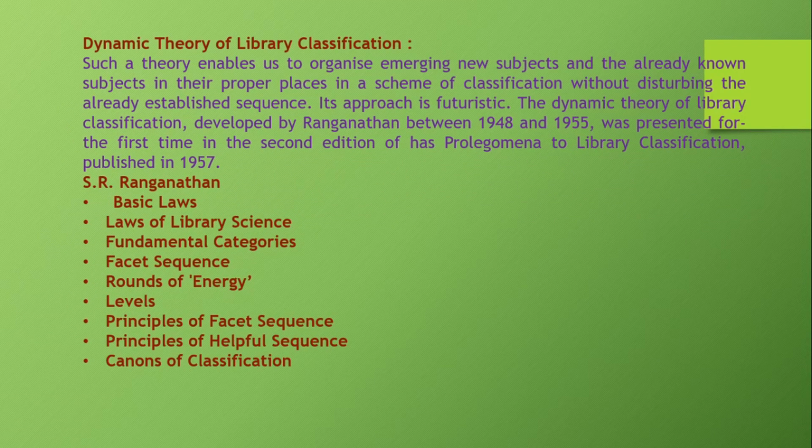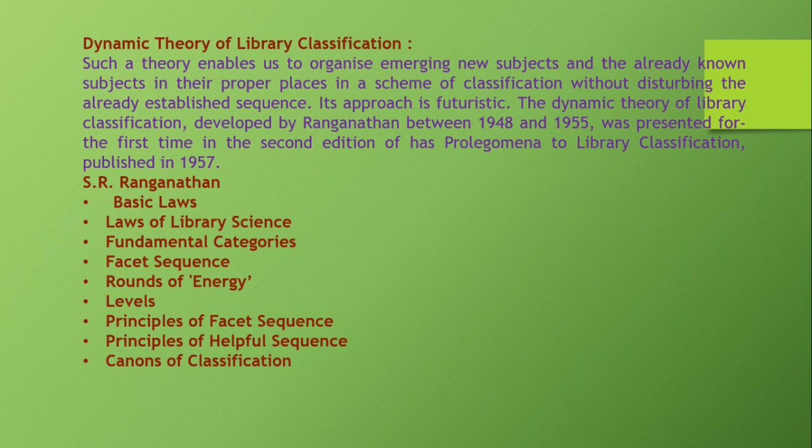Dynamic theory of library classification. Such a theory enables us to organize emerging new subjects and the already unknown subjects in their proper places in a scheme of classification without disturbing the already established sequence.